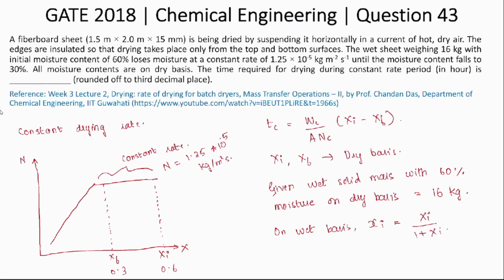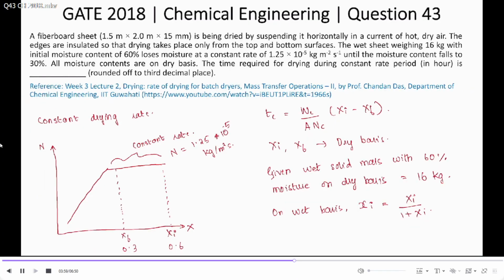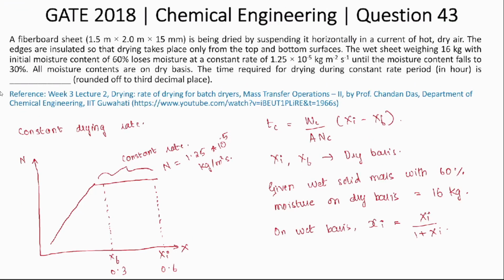Now we want to find the wet basis moisture content using this dry basis moisture content. So we have this formula. Now all we have to do is substitute the values for the Xi in dry basis to find the values for the wet basis. Understood?